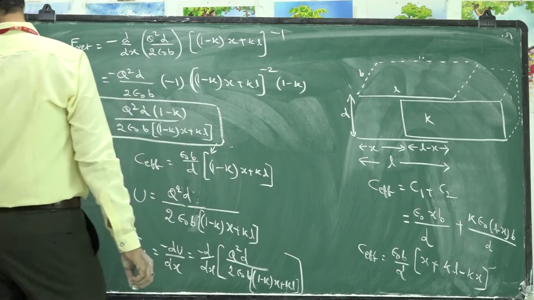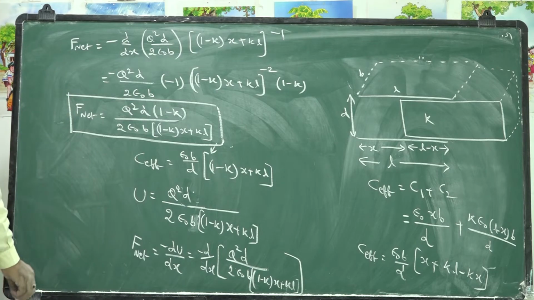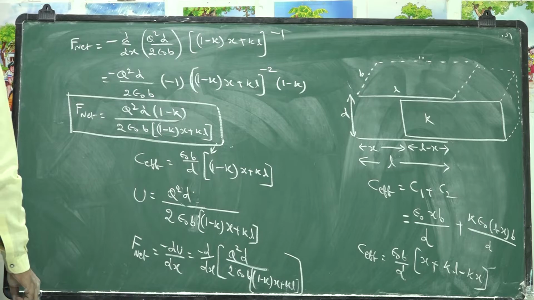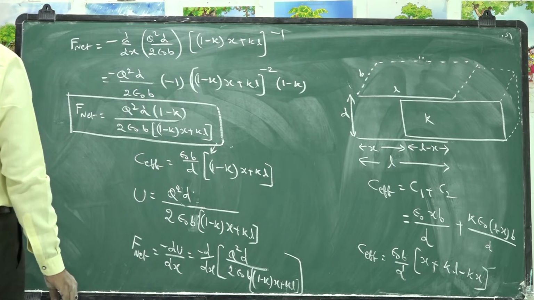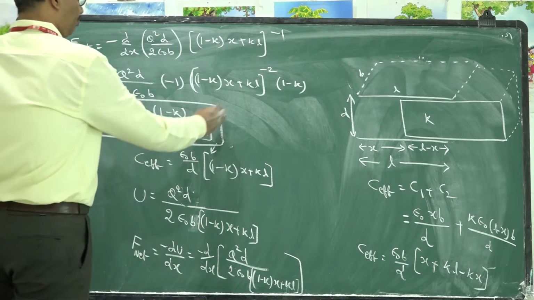So Q square d into 1 minus k in the numerator, and 2 epsilon naught b into 1 minus k into x plus KL, whole square, in the denominator. It is a square.